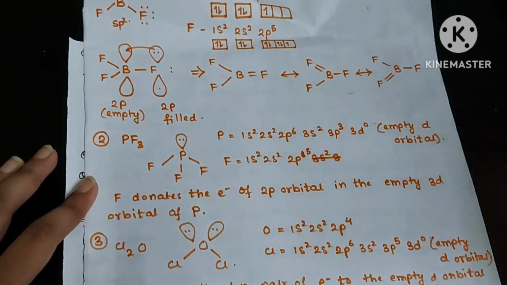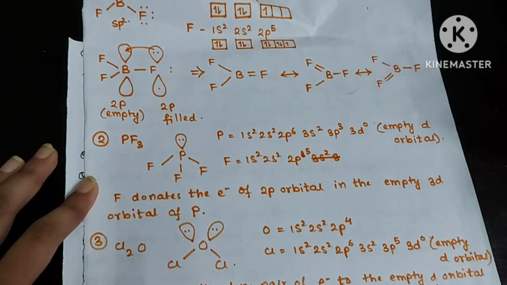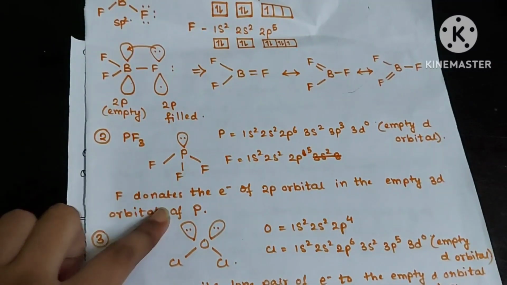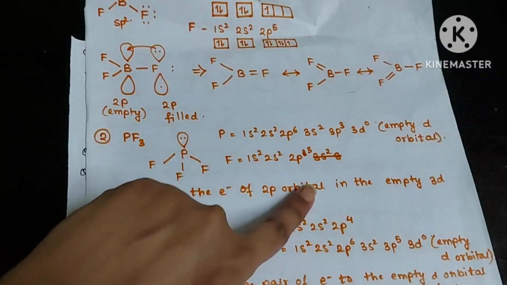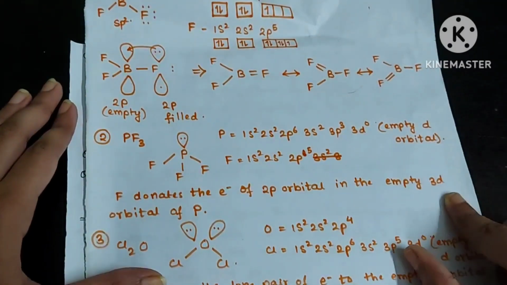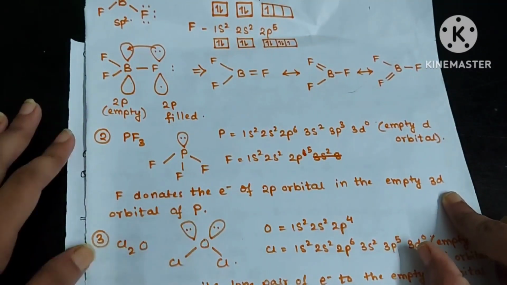Fluorine will donate its electrons from the 2p orbital to the empty 3d orbital of phosphorus.